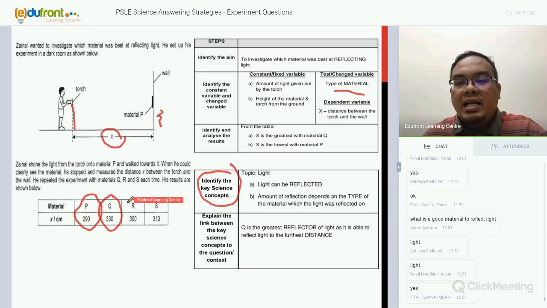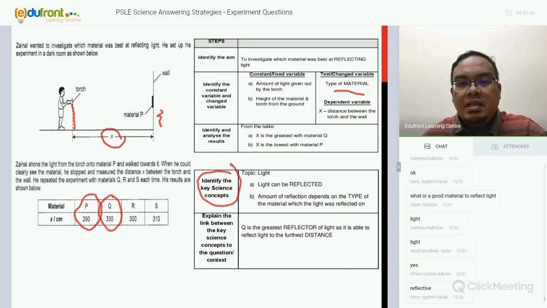Example, when you are cycling at night, we would want to wear clothing which is lighter, right? Why? Because lighter colors are a better reflector of light. Likewise, your bicycles, you have reflectors. Why? To keep you safe, so that people from far can see your bicycle better, compared to something which is a poor reflector of light.